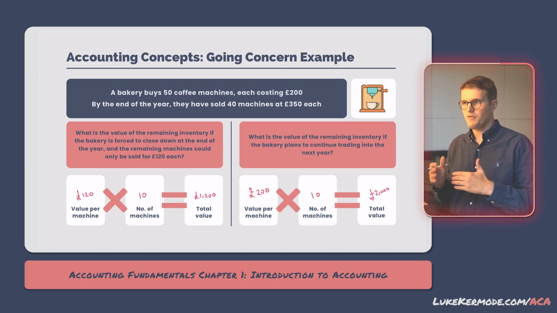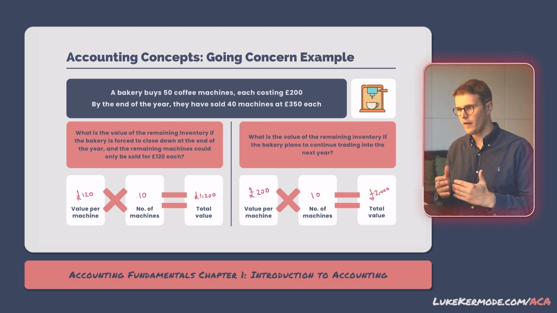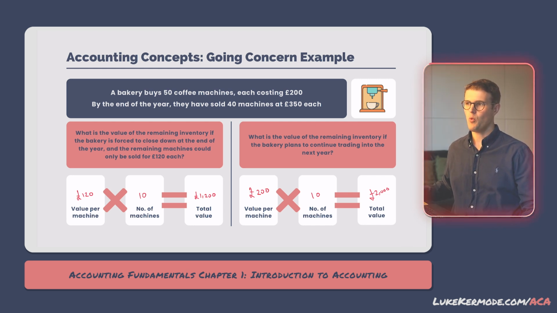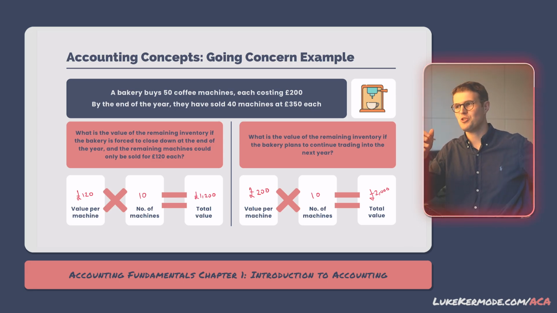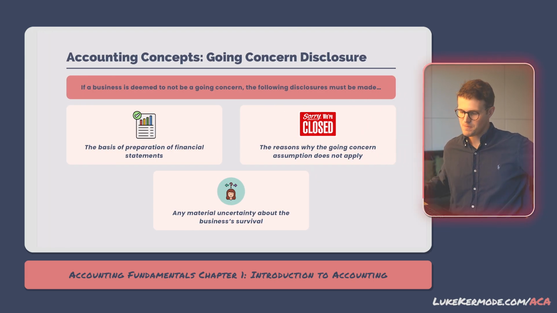In this case, the value of the stock falls because we're no longer thinking about normal business operations. We're thinking about what the assets would be worth in a breakup scenario. So this example should hopefully help demonstrate just how important the going concern assumption is. It directly affects the figures we report in the financial statements.